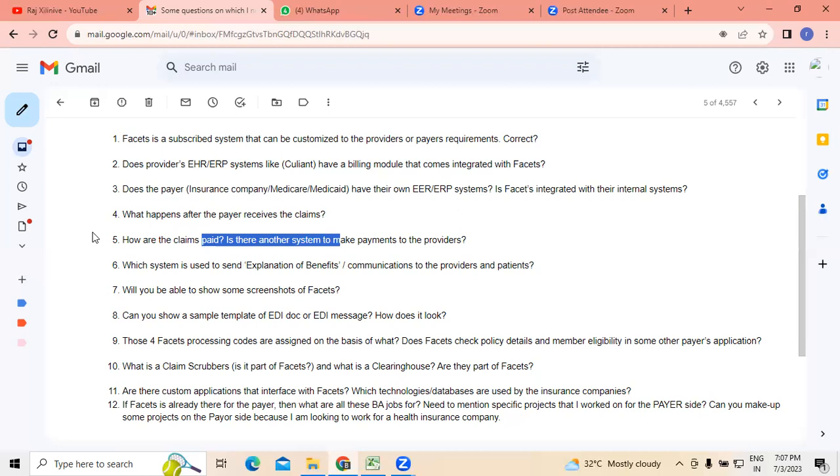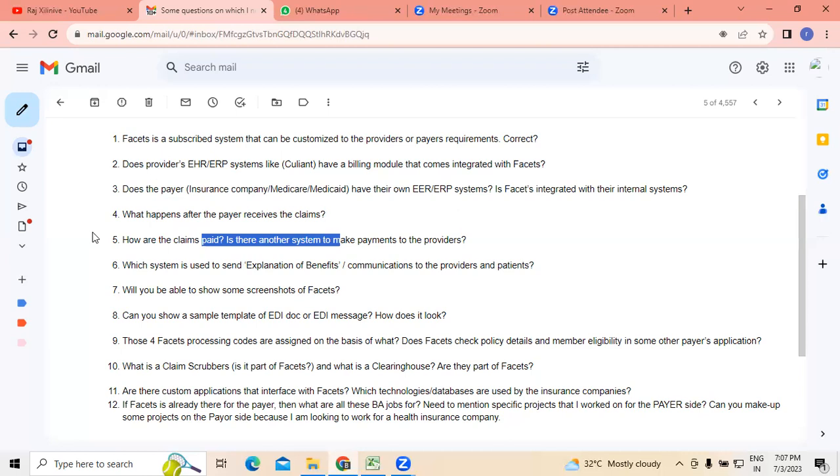Next, the second point is about the claim scrubber. You have asked me, right? Claim scrubber means whenever we are sending the claims, the information where it has to be mentioned. For example, you can write, I'll tell you. Claim scrubber is a process. It is better to remember if you write it.